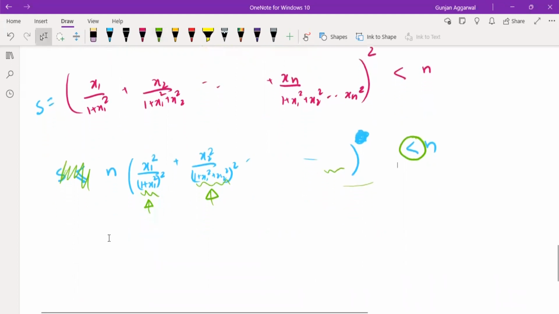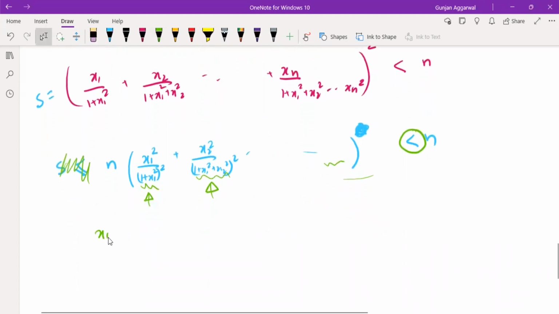Like instead of 1 plus x1 square plus x2 square, the whole squared, we can remove the whole squared.